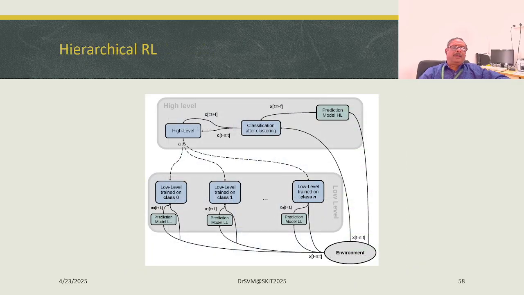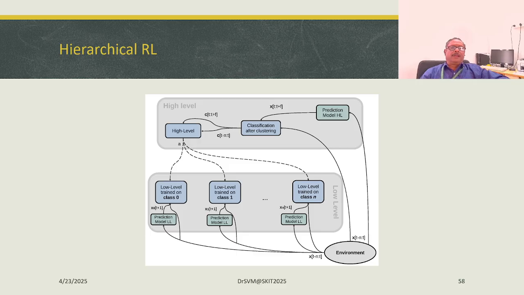Then we have hierarchical reinforcement learning, wherein every action or every situation in a given system may need a different type of activity. In such a case, we can have a separate policy for different activities in the system.